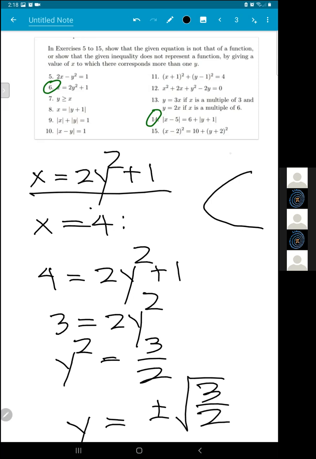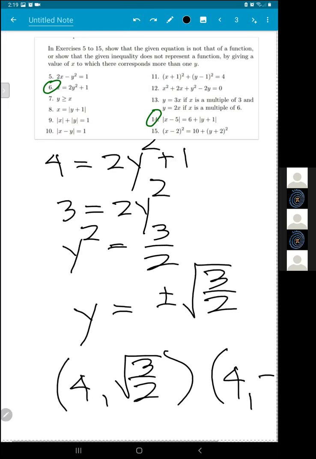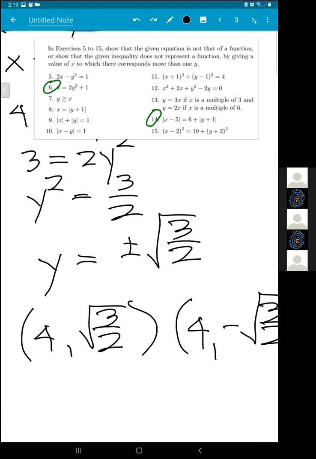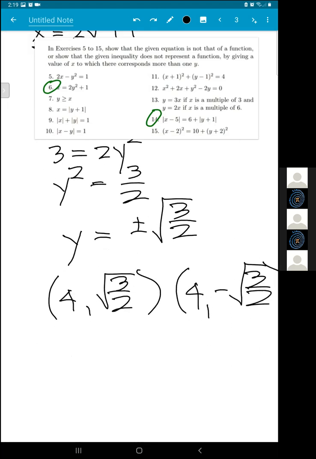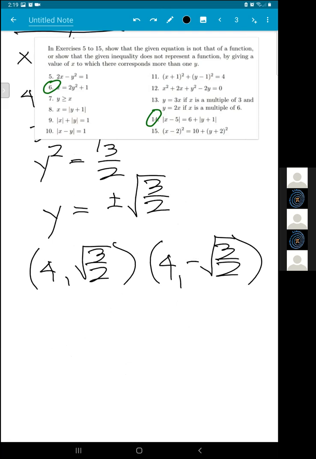So if you apply the vertical line test, it will fail. And so you can conclude that it's not a function, but here you are to exhibit two coordinates or an x value for which there corresponds more than one y value.